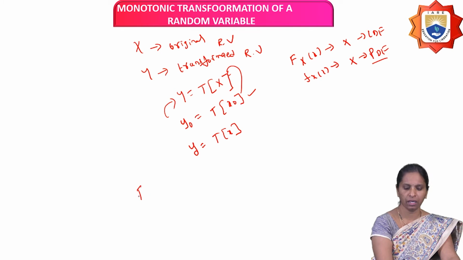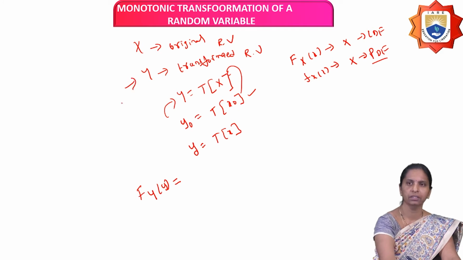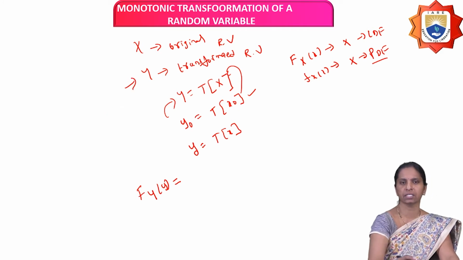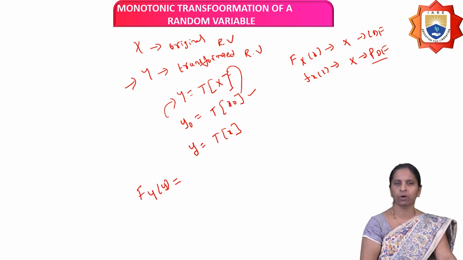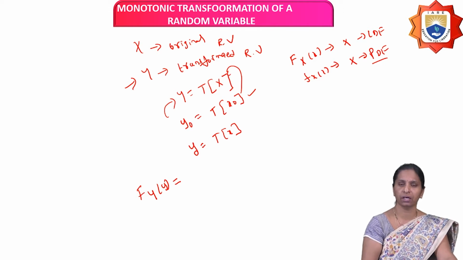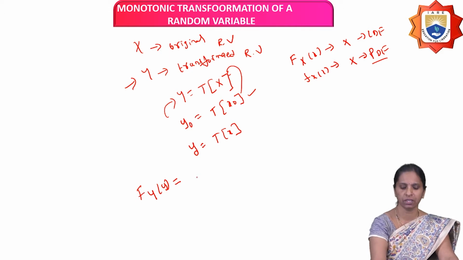Now, I am taking the distribution function of the transformed random variable y. I want to calculate the distribution function of the transformed random variable y. How do you write the distribution function of the random variable y? Capital F, since distribution is denoted by a capital letter. So capital Fy of y equals what?